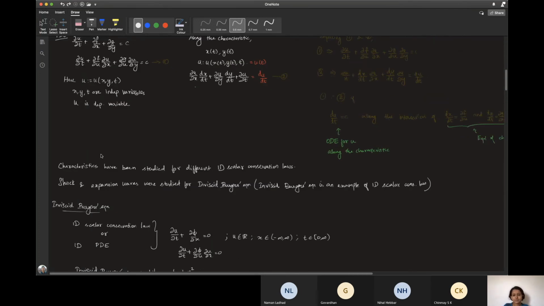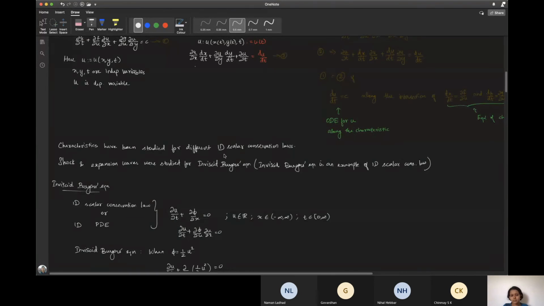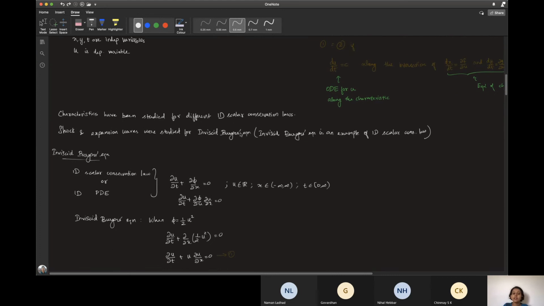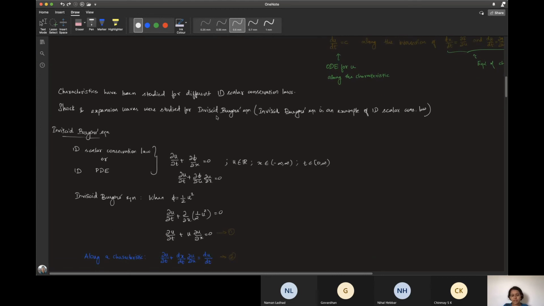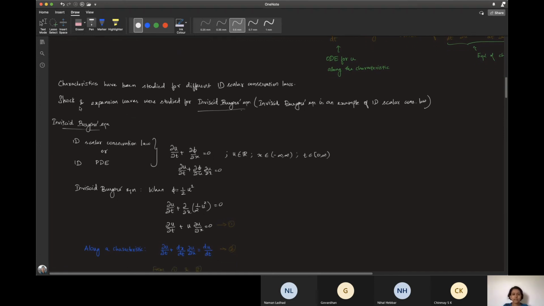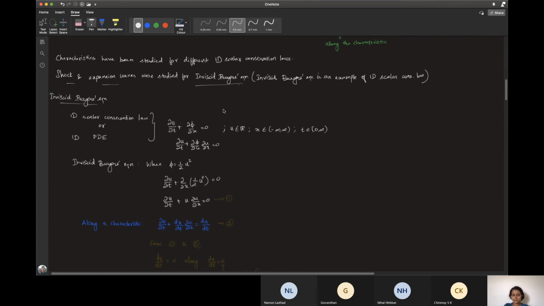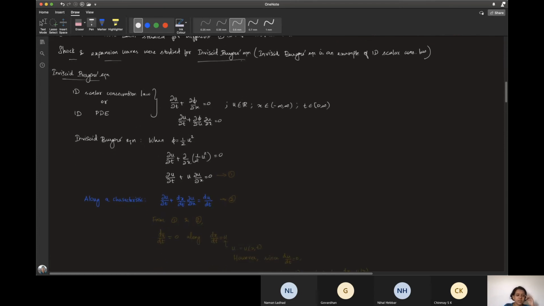Based on this concept, we have studied how to solve different types of 1D scalar conservation laws. Then we took a specific example, which is the inviscid Burgers equation, and for this equation we studied the formation of shock and expansion waves, which is basic.